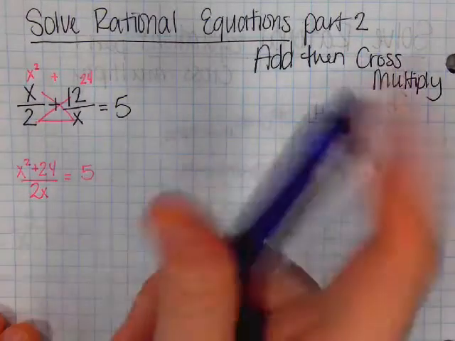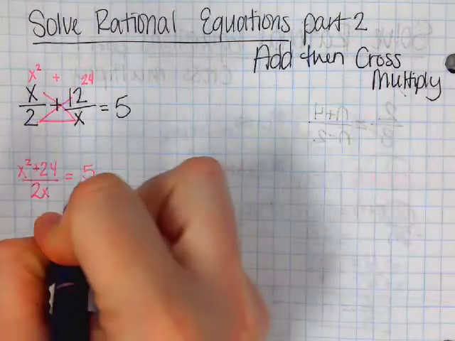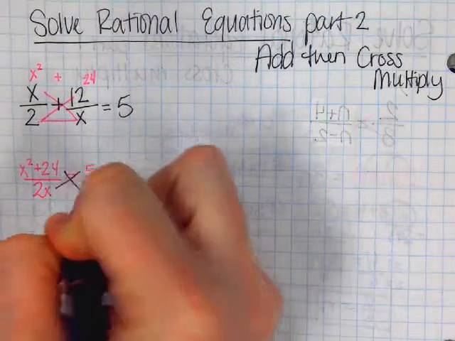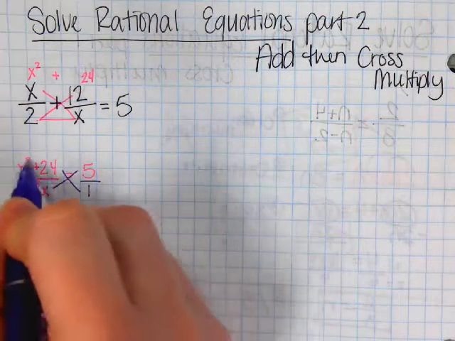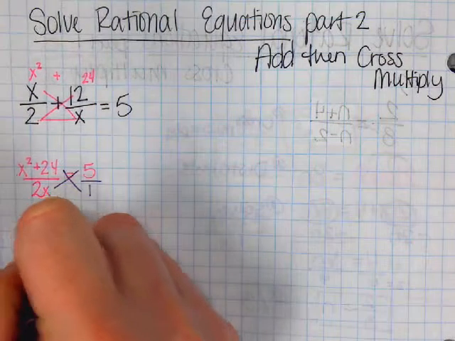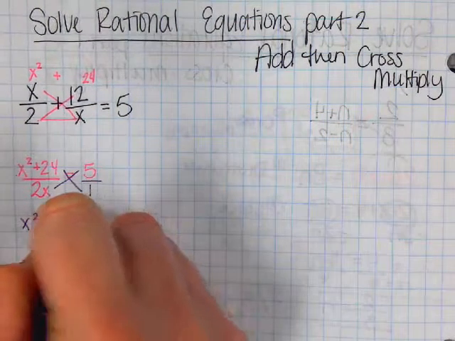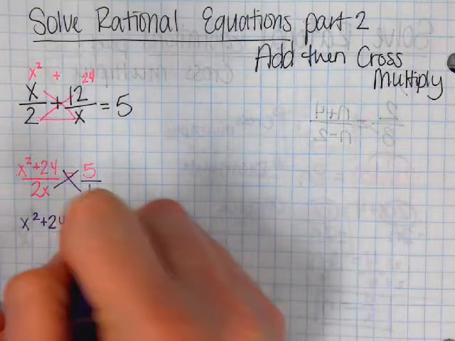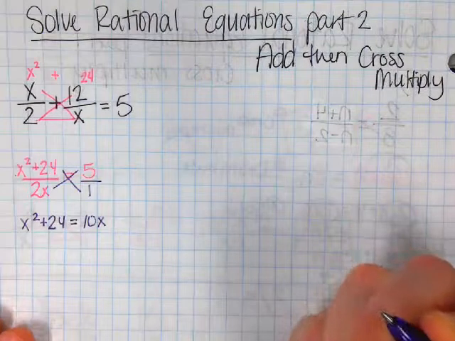So you will make sure to put this over 1 and then cross multiply. So it would be 1 times x squared plus 24, so x squared plus 24. Bring down the equal sign. 5 times 2x, 5 times 2 is 10, and then x.